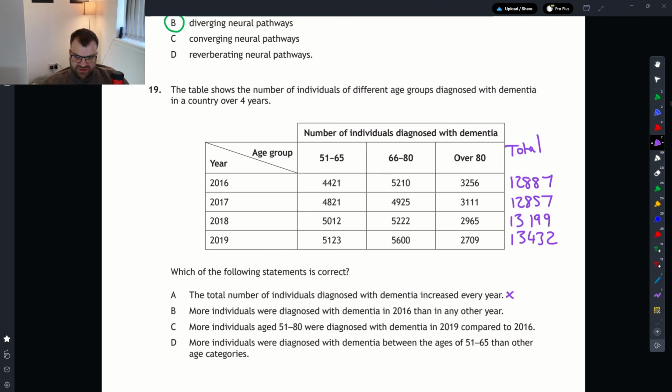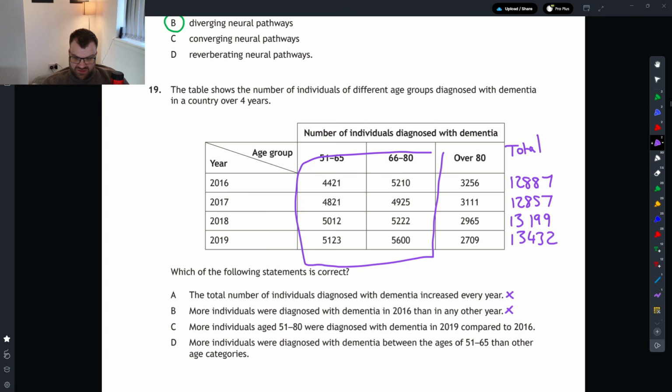More were diagnosed in 2016 than any other year. Highest value, nope, that's 2019. Just about did them all. More individuals, 51 to 80. So that's the combination of these two now. Brilliant. So they're saying that it was 2019 to 2016.